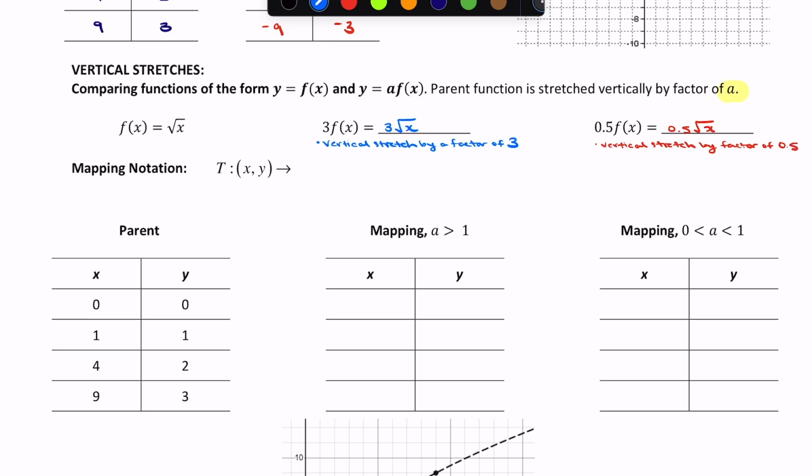So when we look at our mapping notation, so here, since it's a vertical stretch, it will impact the y values. And so here our x values will stay the same, but our y values will now be multiplied by 3. Same thing here. Our x values will stay the same, but our y values will be multiplied by 0.5.